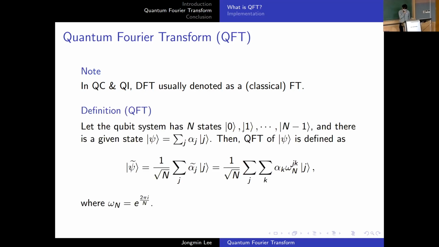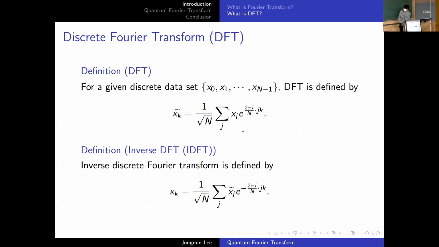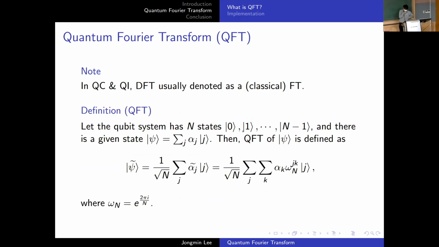I introduced the DFT first, since QFT has a similar form with the DFT, which is defined in the formula. In this equation, let us denote omega_n as the exponential of 2 pi i over n, so omega_n to the jk, and then we have a very similar form with this equation.